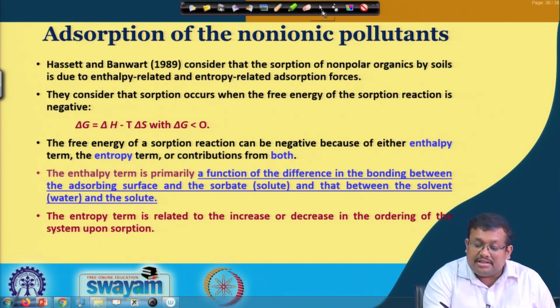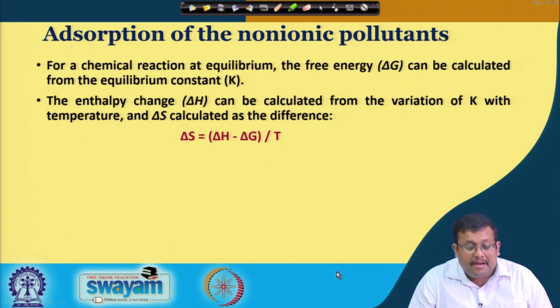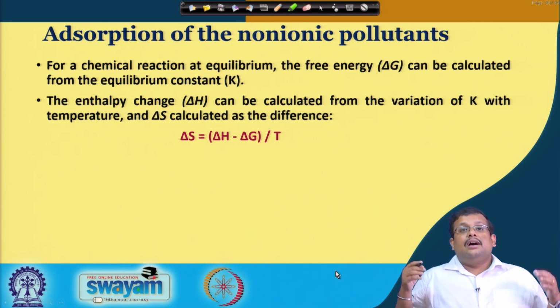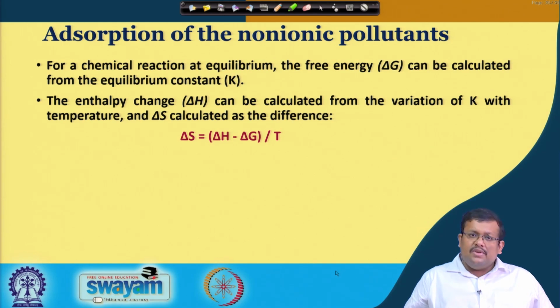For a chemical reaction at equilibrium, the free energy, denoted again by delta G, can be calculated from the equilibrium constant K. We have already discussed the equilibrium constant, or thermodynamic equilibrium constant, in our previous lecture.